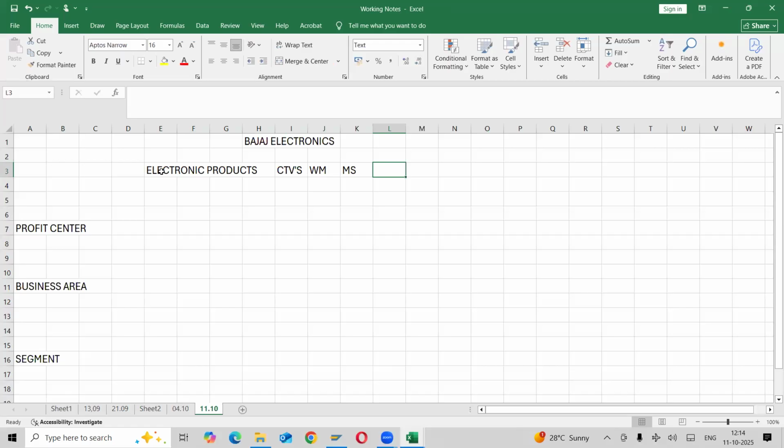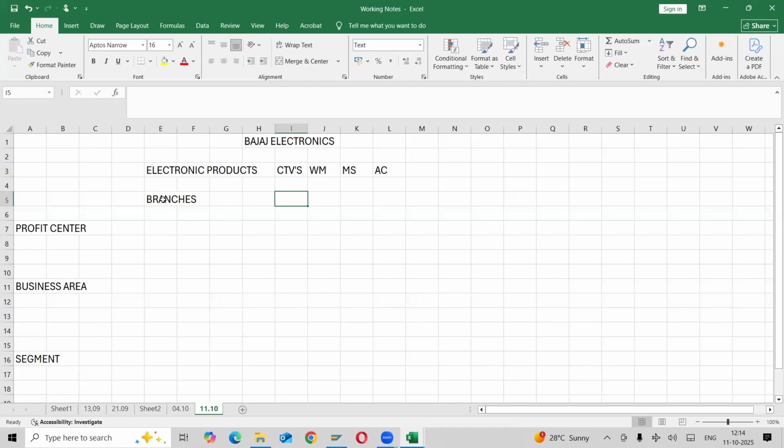Next one, ACs. These are the products. And this Bajaj Electronics has different branches, meaning area wise, they have branches.